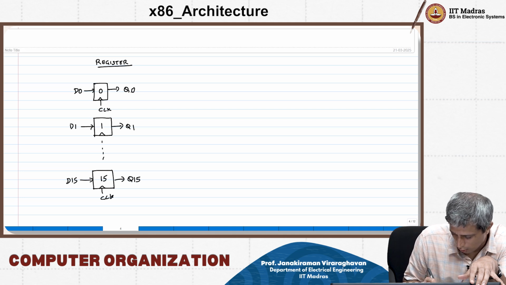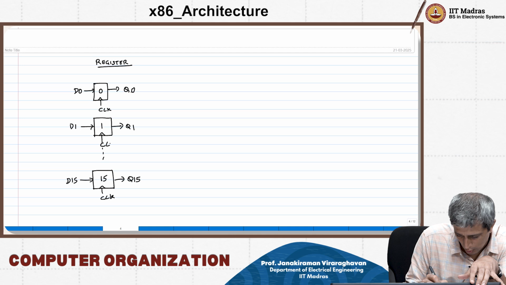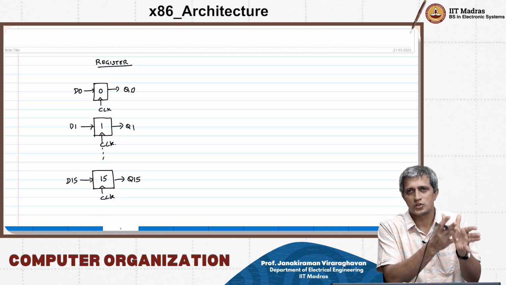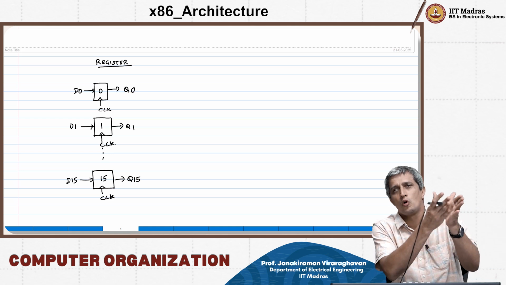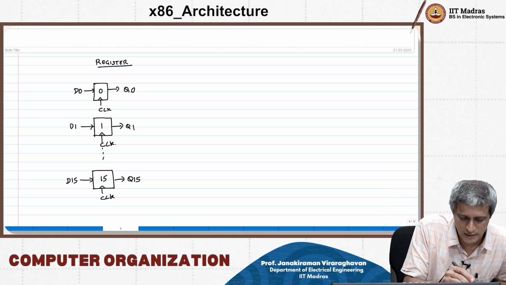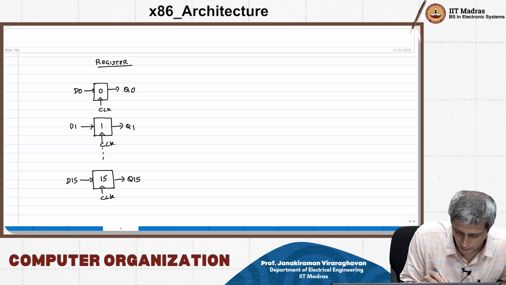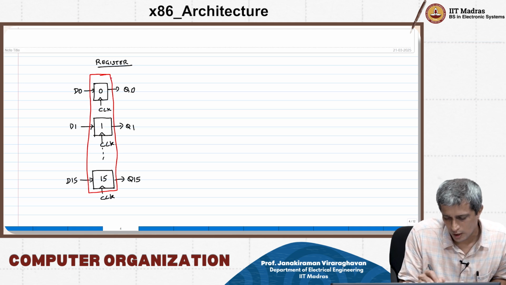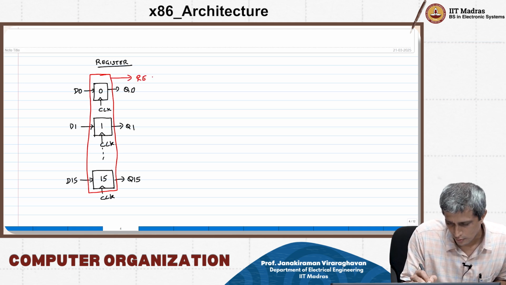They are all controlled by the same clock as shown here, right? So when the clock goes high, 16 bits of information will go into this register. So this whole block here is what we call a register.